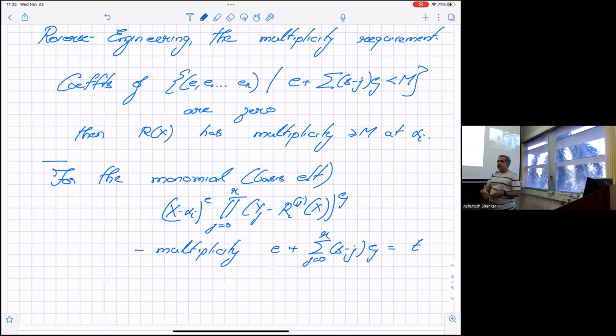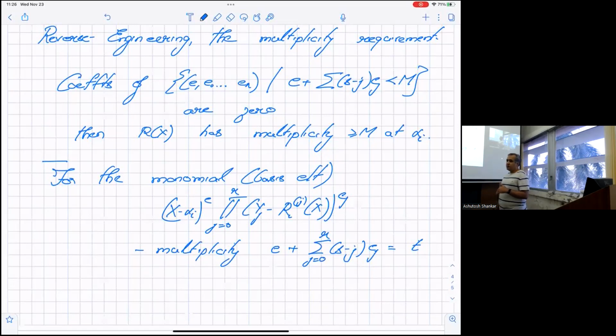Basically, I'm stating that every monomial which has t less than m has to have coefficient 0. That will ensure that R of x will have only terms of the form x minus alpha_i to the power t, with t larger than or equal to m, and hence you have multiplicity at least m.